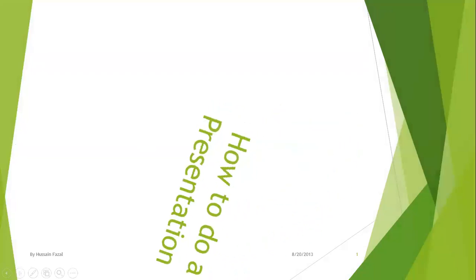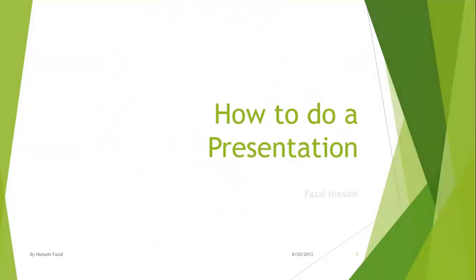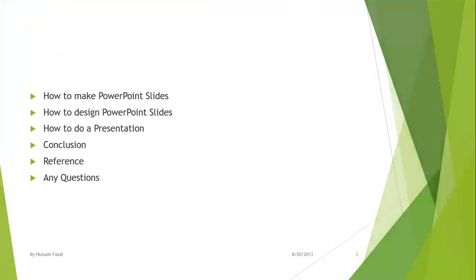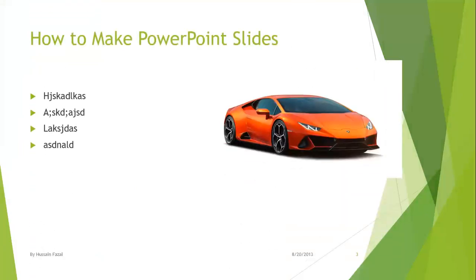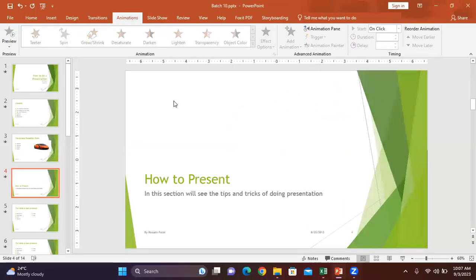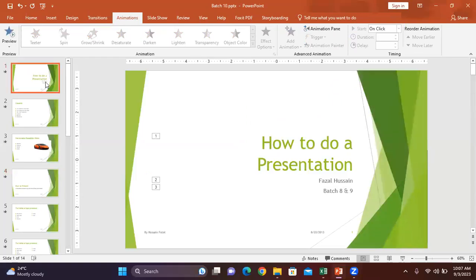You click your mouse, it spins. You click, other words come. You click, the other word comes. You go to the next slide. You click. You can see each word goes off. Okay, so you can apply like that.